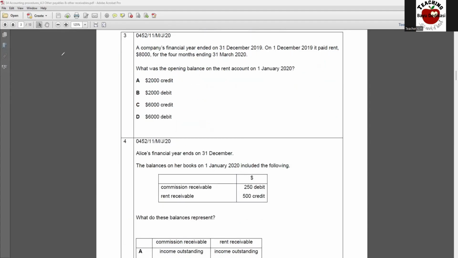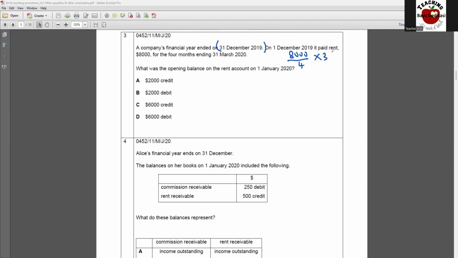Question number 3. A company's financial year ends on 31st December 2019. On 1st December 2019 it paid rent of 8,000 for the 4 months ended. So the financial year end is this one. This means we need to calculate the 8,000 for 4 months. 3 months is a prepaid amount.